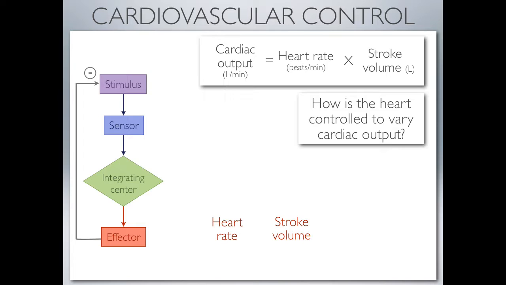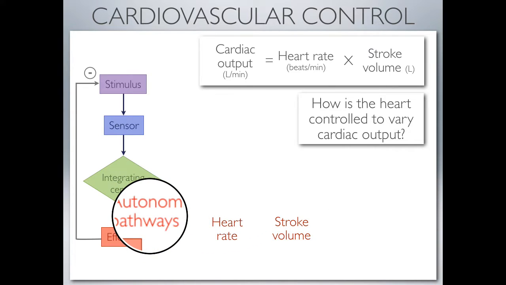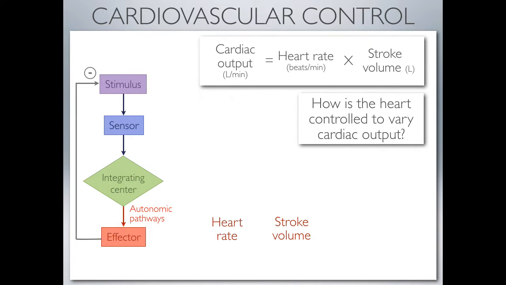All right, we've only talked about the heart being controlled on a beat-to-beat basis, and we didn't talk about how the heart rate might change or the stroke volume. And so that is achieved through autonomic pathways, autonomic control. So even though the autorhythmic cells can generate the beat of the heart, the contractile cells can generate all that force, autonomic inputs to those autorhythmic cells are required in order to modulate or to control that heart rate.